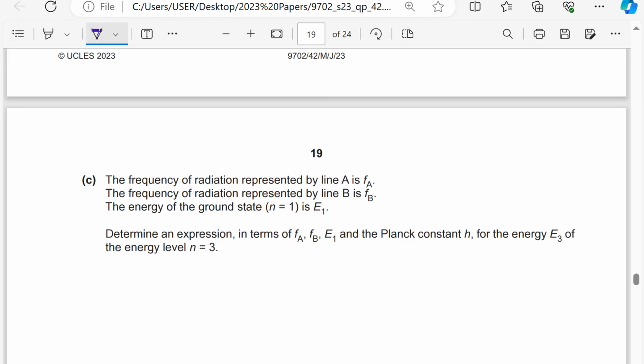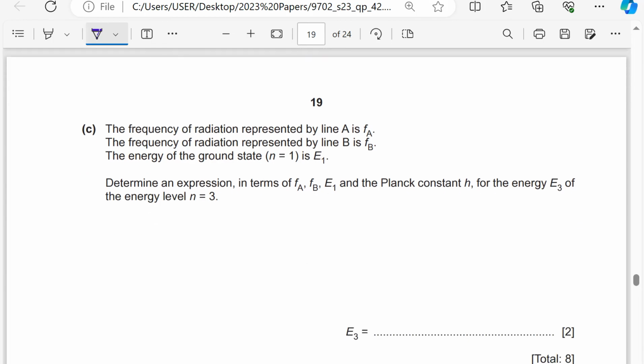Determine an expression in terms of FA, FB, E1, and the Planck constant h for the energy E3 of the energy level n equals 3. So remember the difference in energy is equal to the difference in the energy levels. So let this be E3 minus E1. Okay, we have E1 and E3.